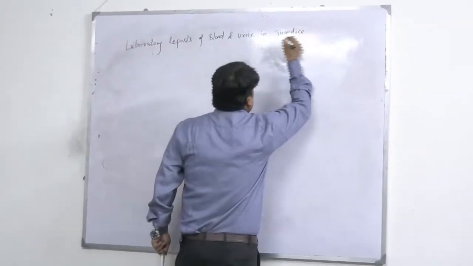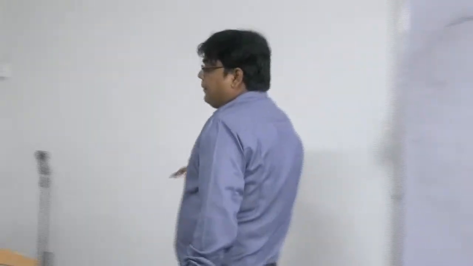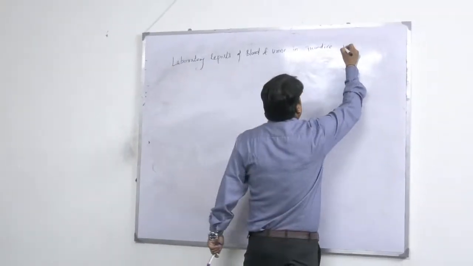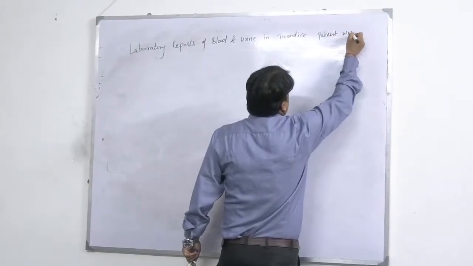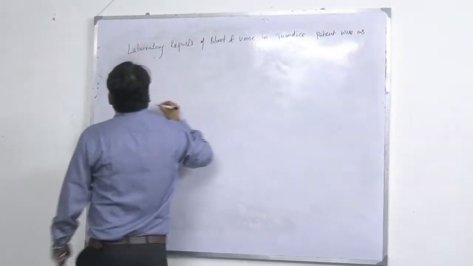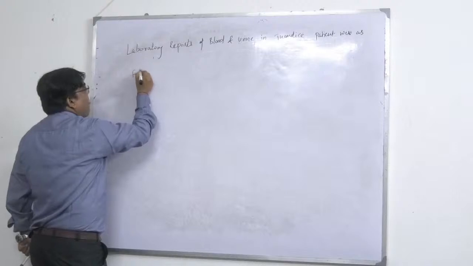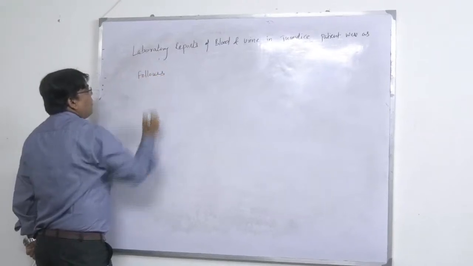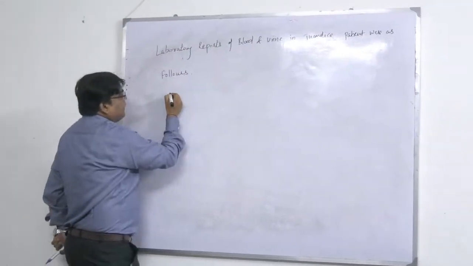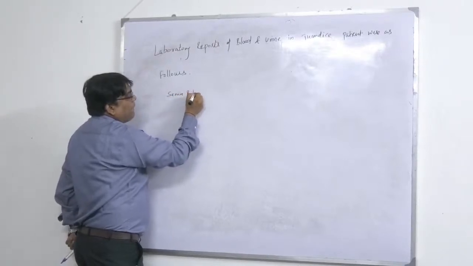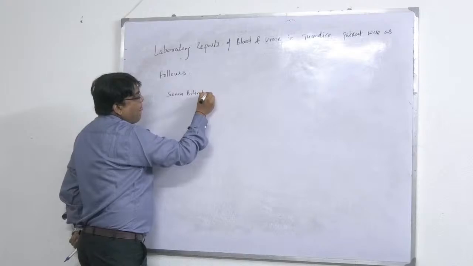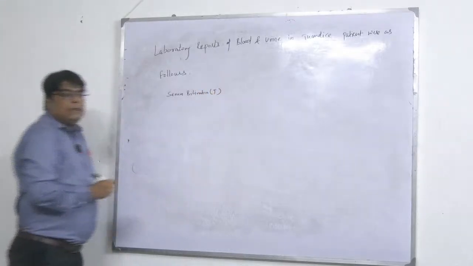We mentioned the disease also. Jaundice patient reports were as follows. The first one is serum bilirubin, total.